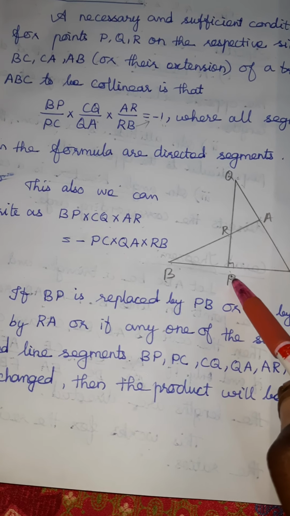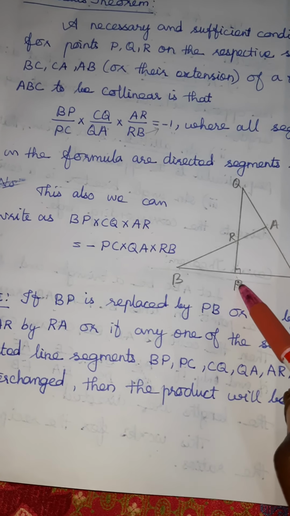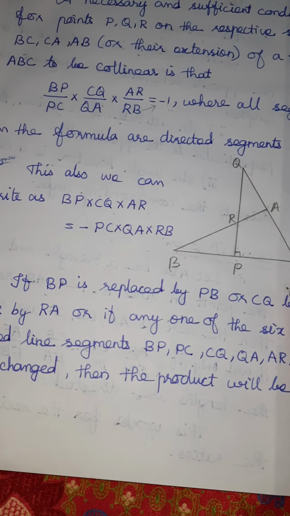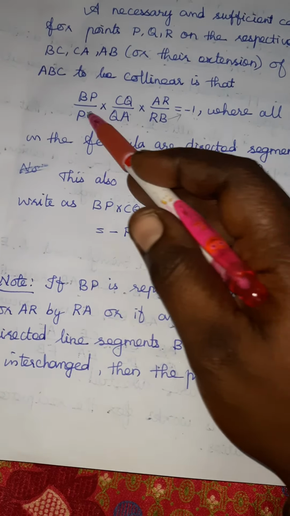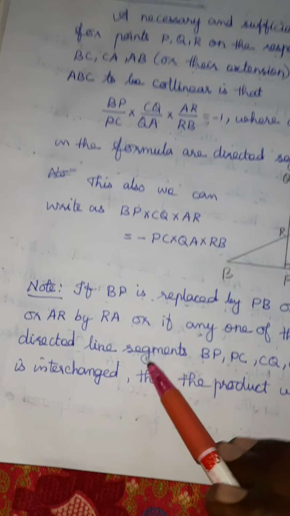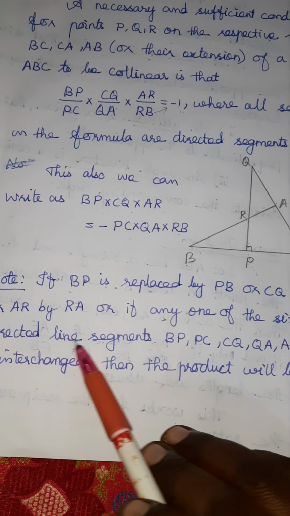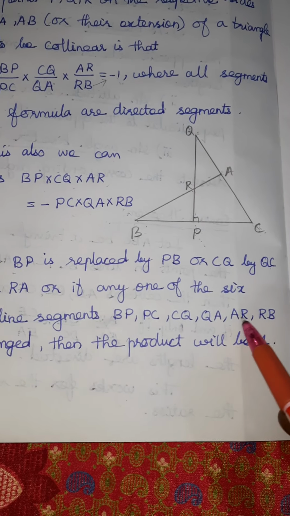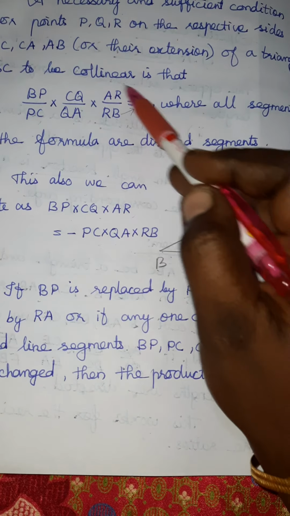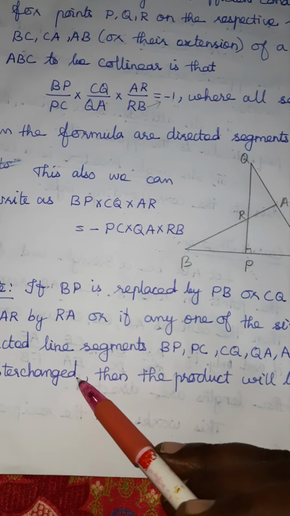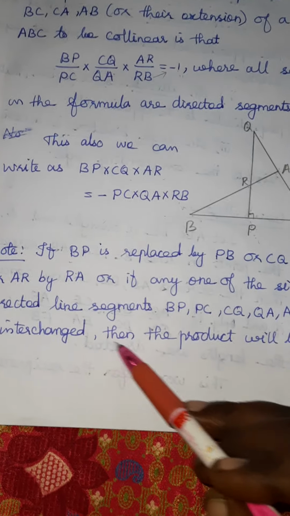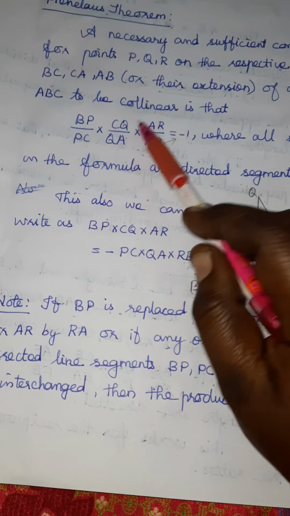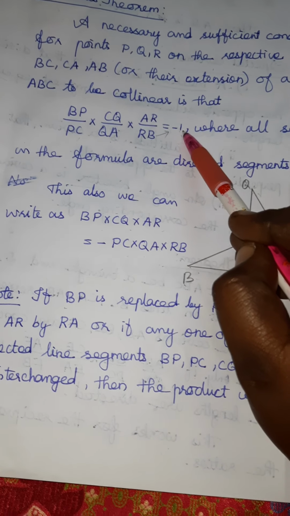BP is given in the theorem. If you change BP to PB, your value will differ. Like this for all the ratios, all the sides. If any one of the six directed line segments BP, PC, CQ, QA, AR, RB is interchanged, the direction will change, so the product will be 1.